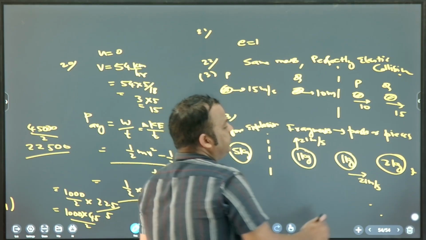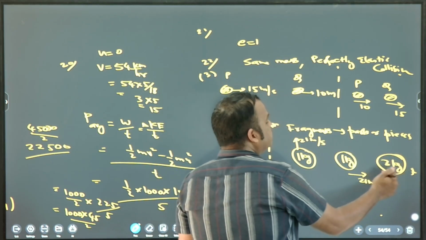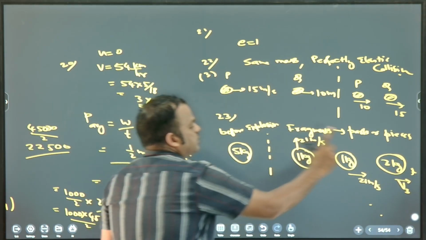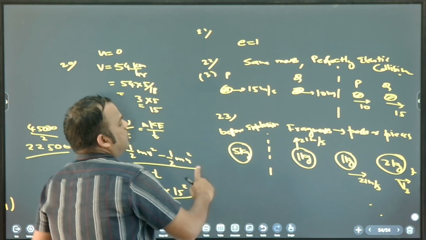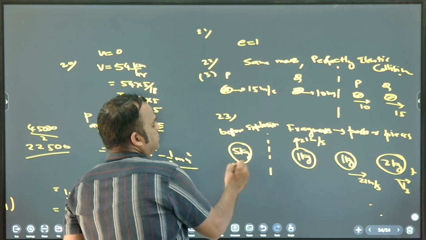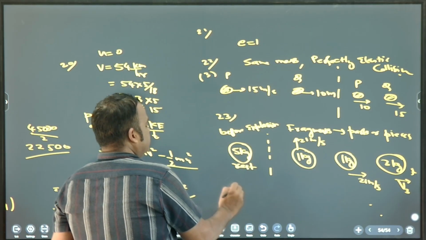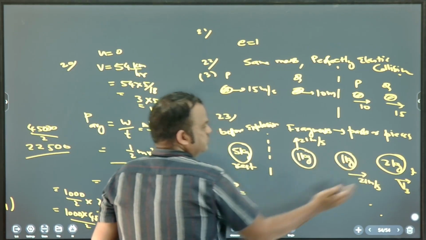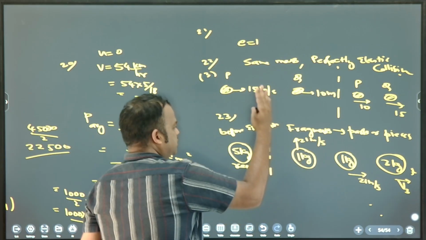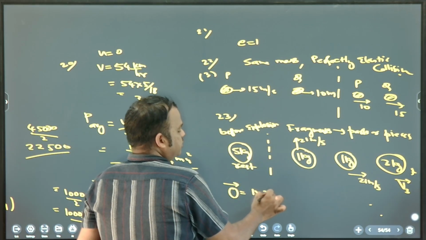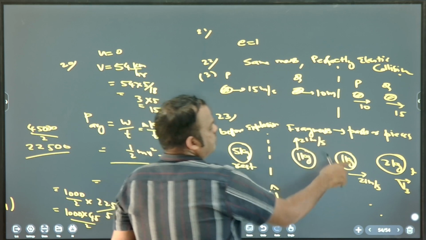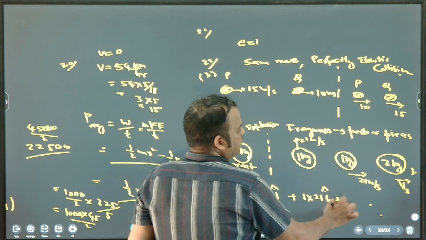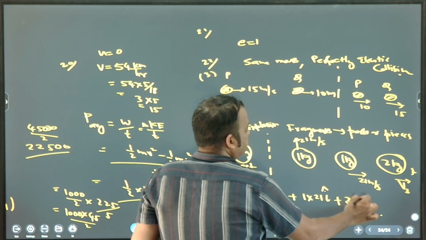Velocity of the heaviest, we don't know what it is. You can assume v3 vector. Now momentum conservation. What is initial momentum? Rest, so 0. Final momentum: for this one you write 1 into 21 j cap, and for this one 1 into 21 i cap. Very good. Then m into v3 vector.